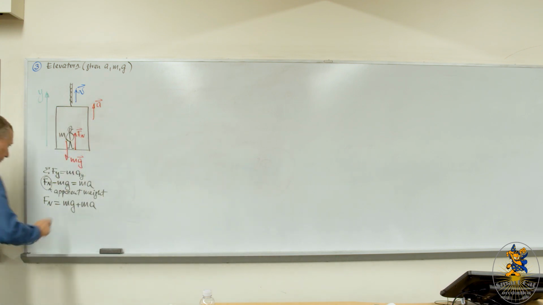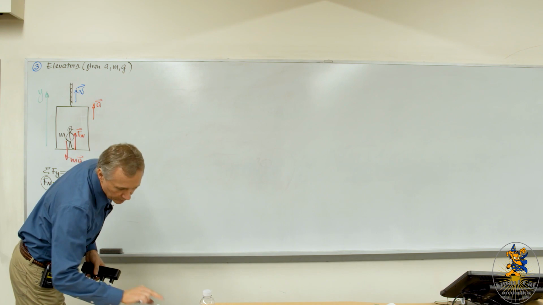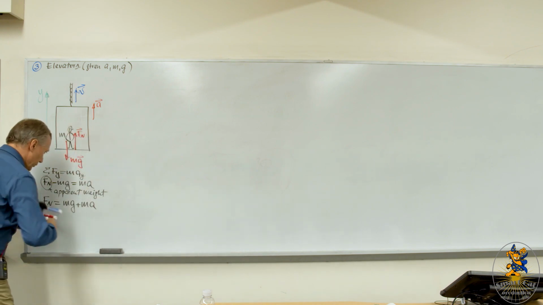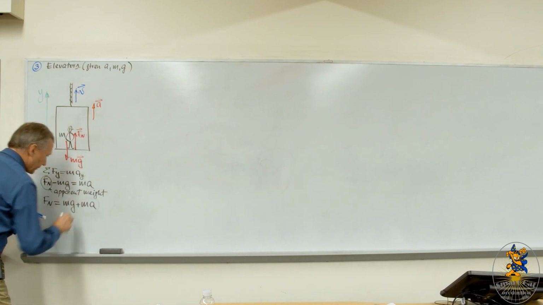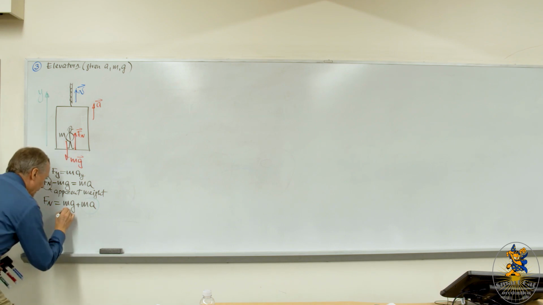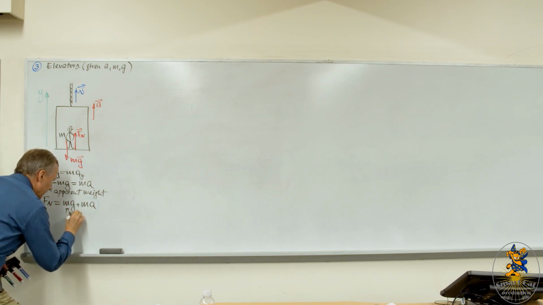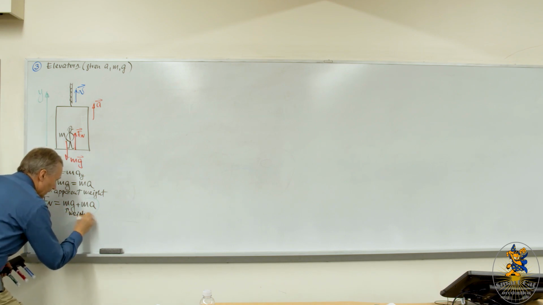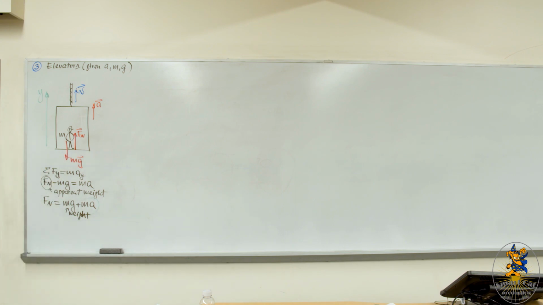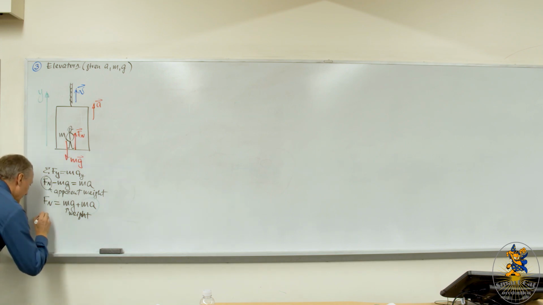And so which way I wrote it? I just circle it. So this is our weight, and plus some additional contribution because of the acceleration. So it feels heavier. Let me just write this.